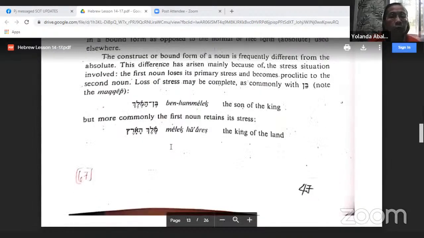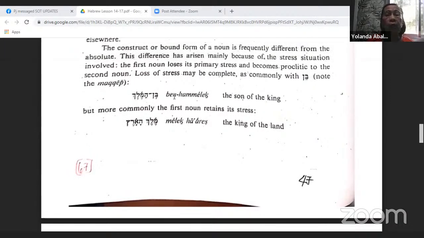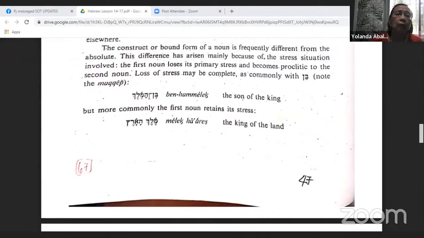Okay. Next, we have sa ating example, like for example, Ben, and we have the word Melech. Tandaan ninyo, ang Ben natin, tatlo. Ben, which is the son, Ben, which is to differentiate, and the other Ben, which is the stone. Ito ay Ben na son. Ben Hamelech, the son of the king.